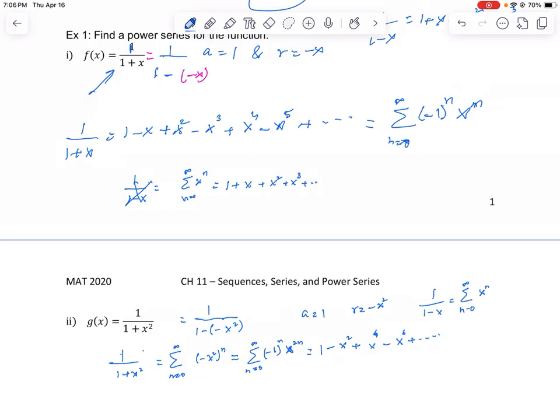If you notice, every term is obtained by multiplying the previous term by x, which means r here is x and a here is 1.